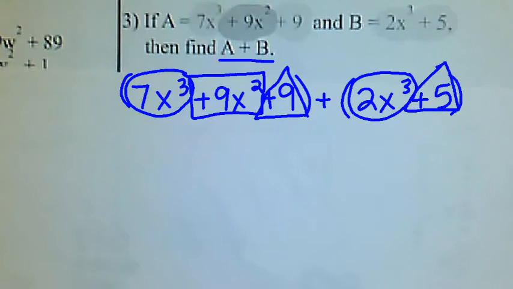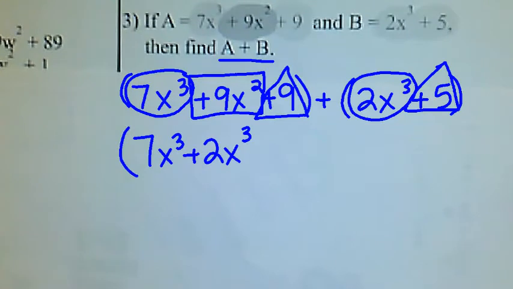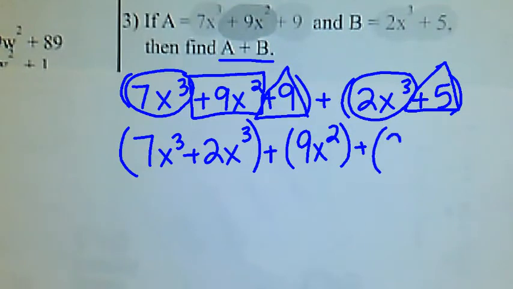Okay, so I have 7x cubed, and I'm adding that to 2x cubed. So what we call this is, we're using kind of the commutative property and the associative property. So remember, the commutative property changes the order, and the associative property changes the grouping.